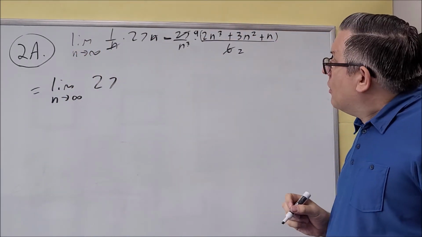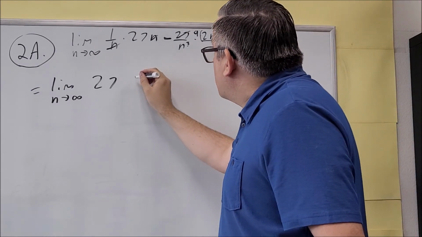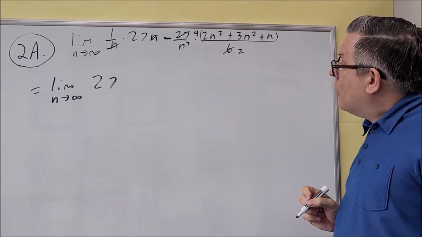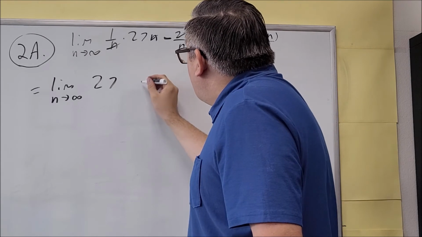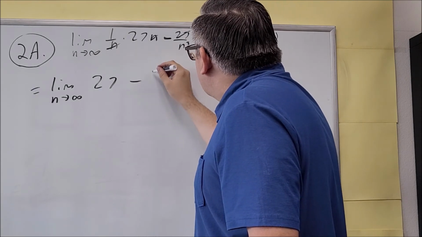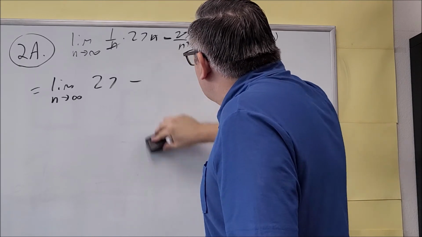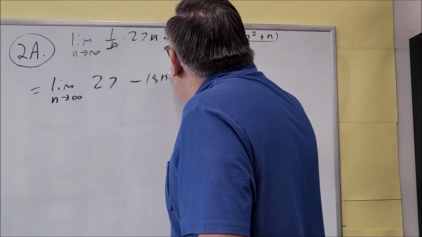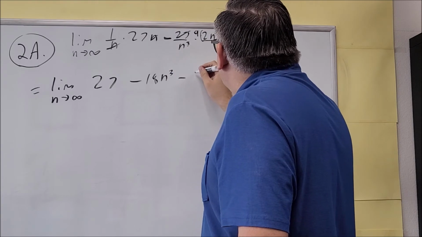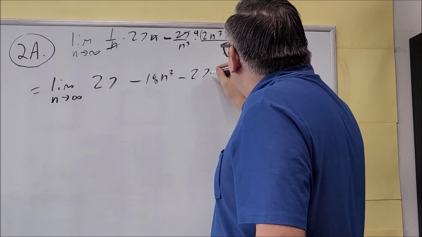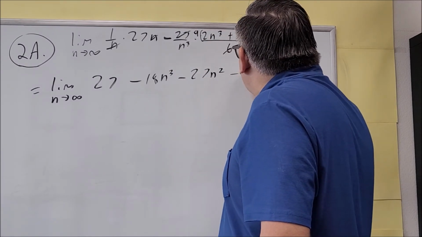That's it for that. And I have a minus 9 times all of this here. So we're going to have on top here minus, we have a 2 for that one, minus 9 times 2 or 18 should be. So minus 18n cubed minus 27n squared minus 9n.